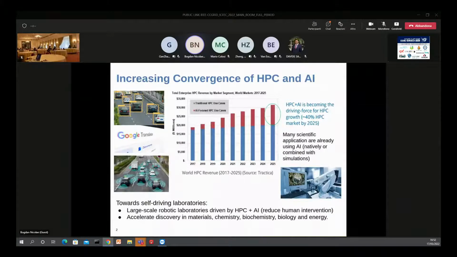So towards the future, we are even looking forward to self-driving laboratories where AI would drive not only simulations, but also real-life experiments using, for example, robotic arms. And all in all, AI is now the main driving force behind HPC.